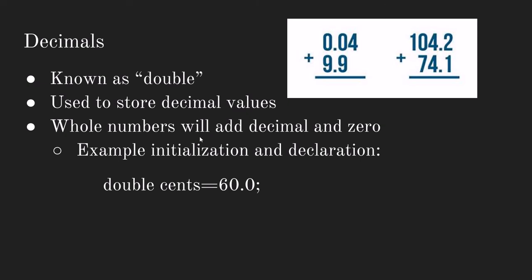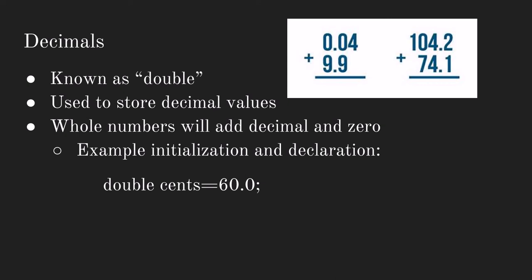We also have decimals, and they're known as doubles, and they can be used to store decimal values. So if we have a whole number and we don't want that to be an integer, we can use a double to store that whole number, and what ends up happening is the compiler automatically adds a decimal followed by 0.